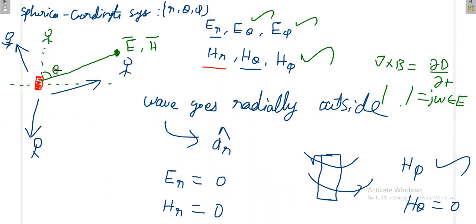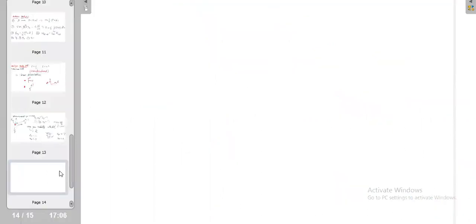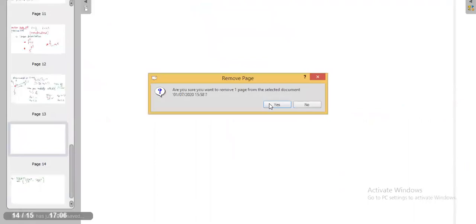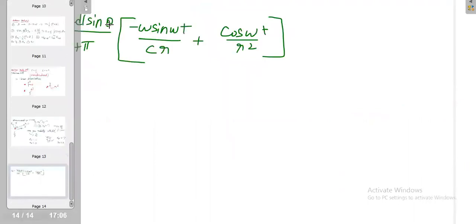The person is standing at the top of the antenna, going upward to the skies, then definitely you will not get any signal. That is the meaning of sine theta. So once theta increases, if theta is pi by 2, then you'll get maximum signal. That is the idea of the sine theta.